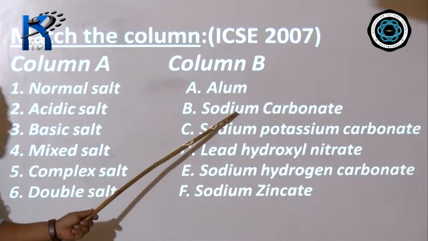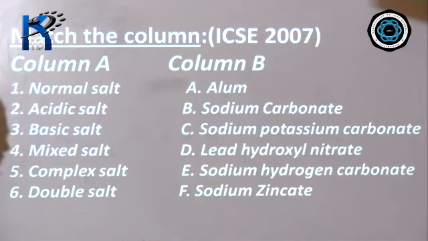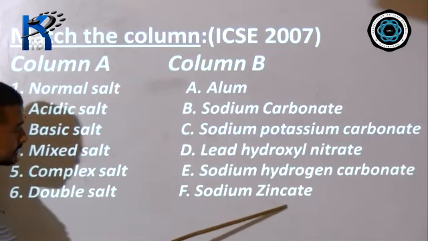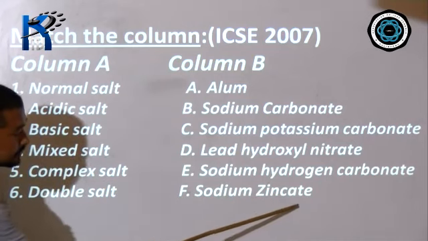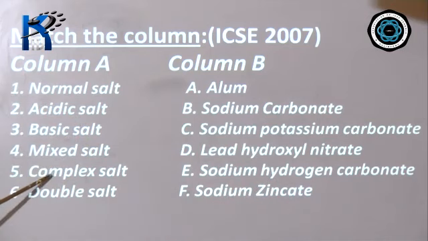Replacement is complete by only 1 metal. So this comes under normal salt. And in the last one, students, sodium zincate. When this compound breaks down, zincate ion is a complex ion, students. Zincate is a complex ion, so therefore it comes under complex salt. So this is how you can frame the match the column question if it comes. Okay, it came in ICSE 2007.